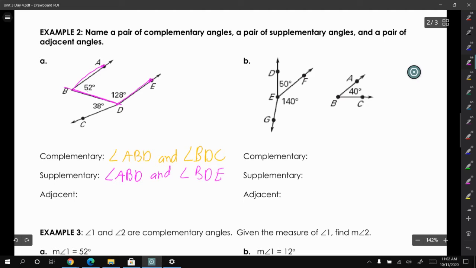And then a pair of adjacent angles would be angle BDC and angle BDE, because those two angles share vertex D and the side BD.